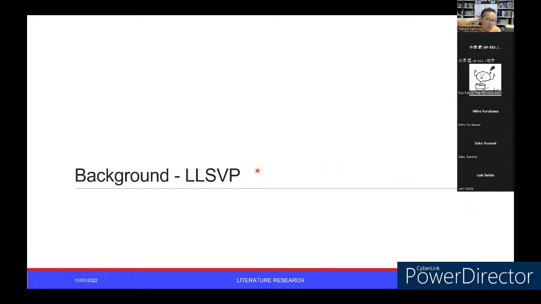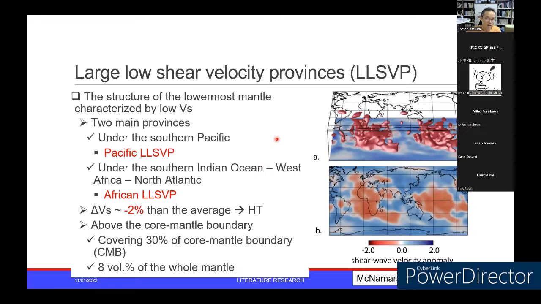Next background is LLSVP. LLSVP is a structure of the lowermost mantle characterized by low shear velocity. This is a map of the shear wave anomaly just above the core mantle boundary. Red parts have low shear velocity, and blue parts have high shear velocity.